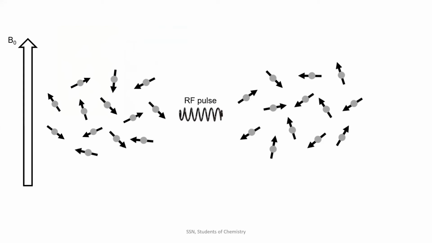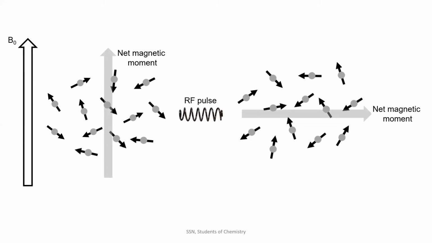We will learn more about pulses in our later videos. When we apply this RF pulse, we could successfully rotate our net magnetic moment from along the axis to the perpendicular axis. This magnetization created perpendicular to the axis is called transverse magnetization.